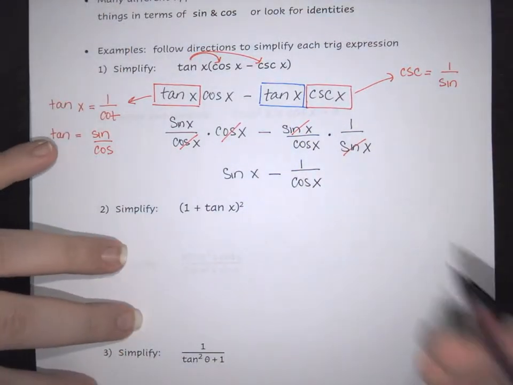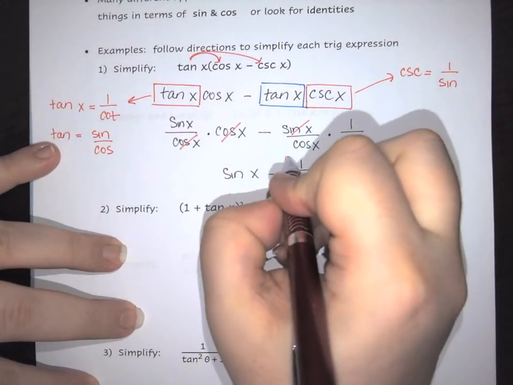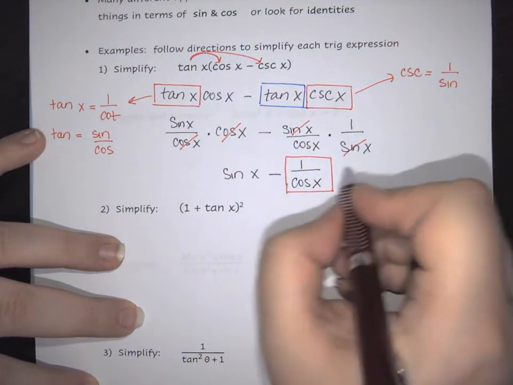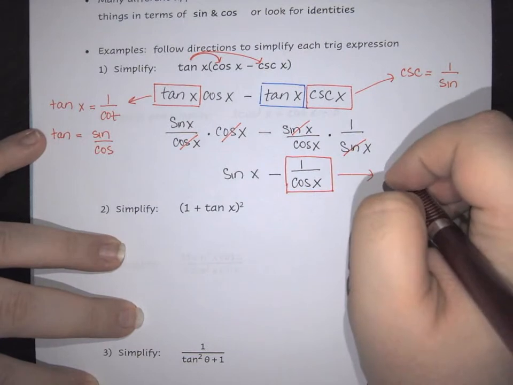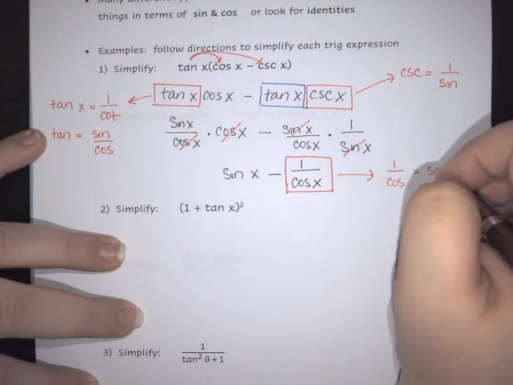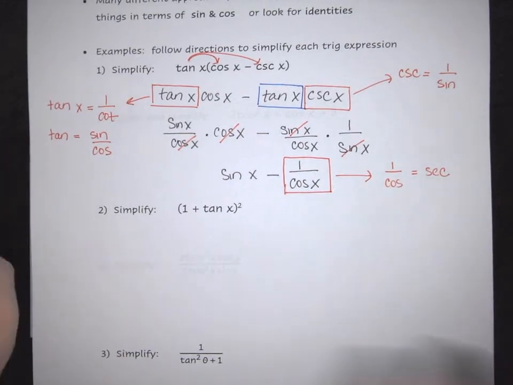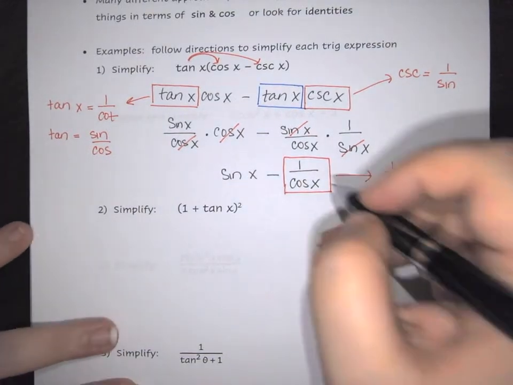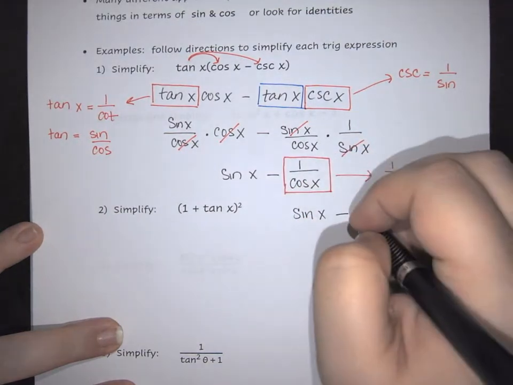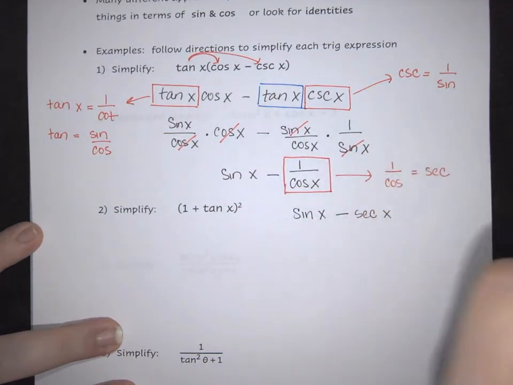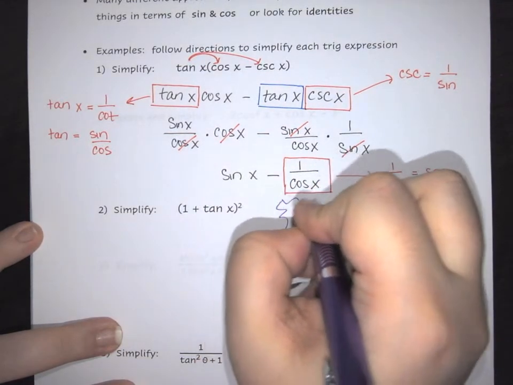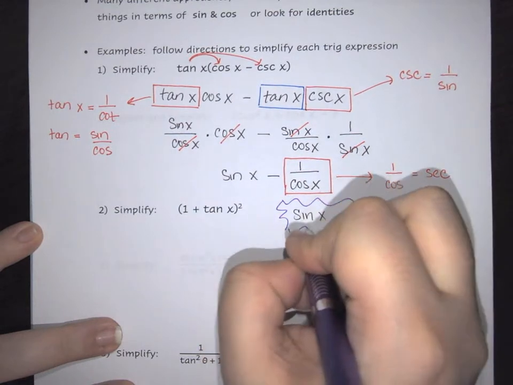Well, I can't say that I'm finished, because this right here is actually an identity in that we know 1 over the cosine is the same as your secant. So the last thing you have to do is one final change. So we'll rewrite it to say that we have the sine of x minus the secant of x. And this ends up being the solution that we wanted.